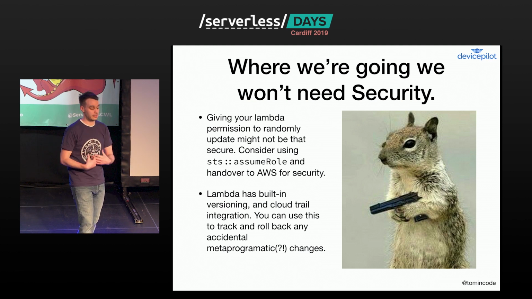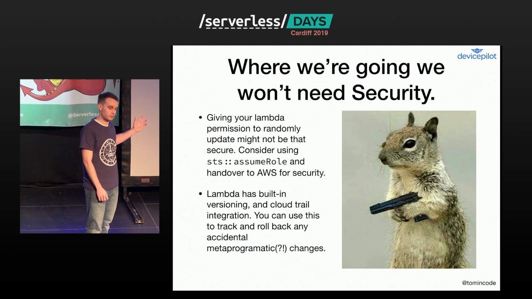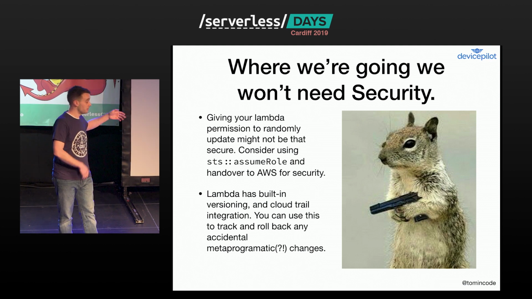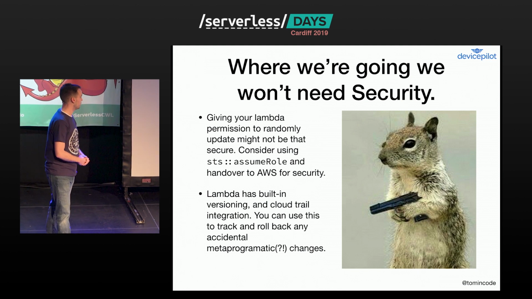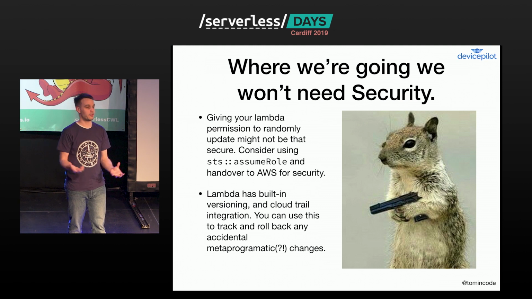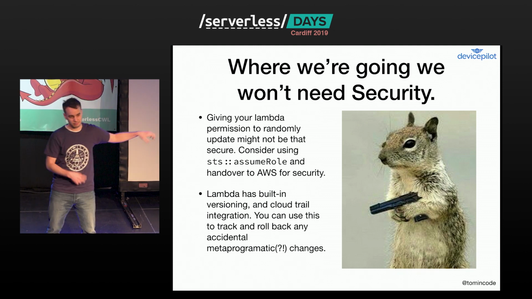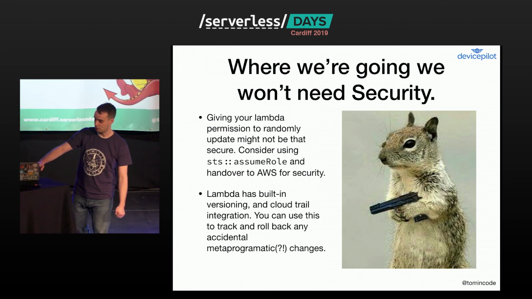They then give them a token, which they take to you as a Lambda, and that allows for a single invocation, your Lambda to run with elevated permissions. I mean, it's not perfect, but it's pretty good. Lambda also has built-in versioning, so you can watch your function change with time, and it has CloudTrail integration, which means that you can get some insight into who done it.